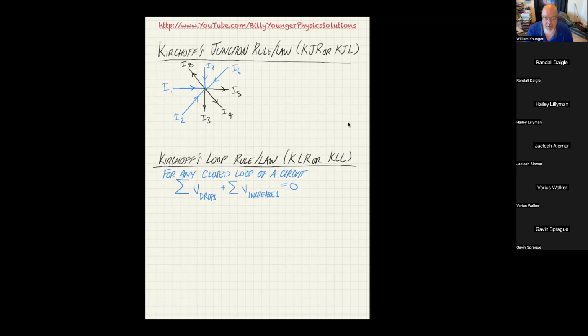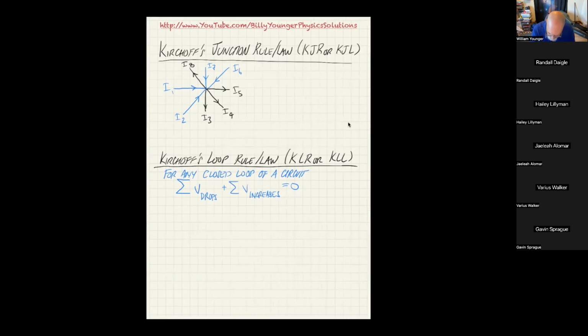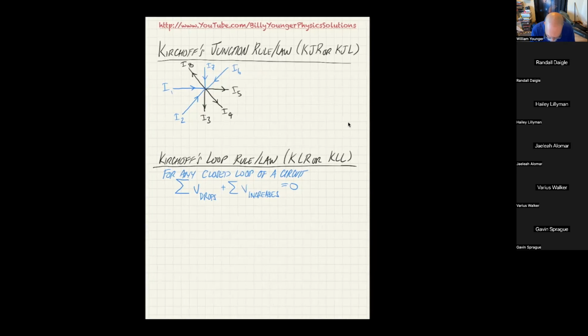But basically what he's saying in Kirchhoff's junction rule is the sum of all the currents into a junction, so that's I1 plus I2 plus I6 plus I7, is equal to the sum of all the currents out of the junction, which would be I3 plus I4 plus I5 plus I8. So that's Kirchhoff's junction rule.